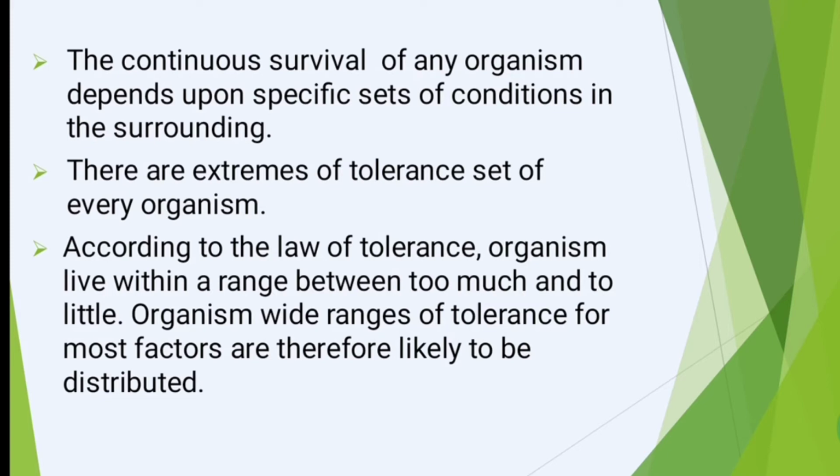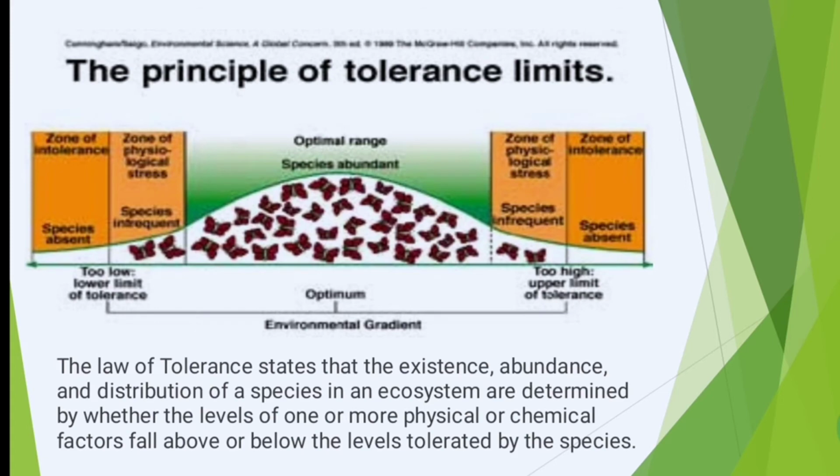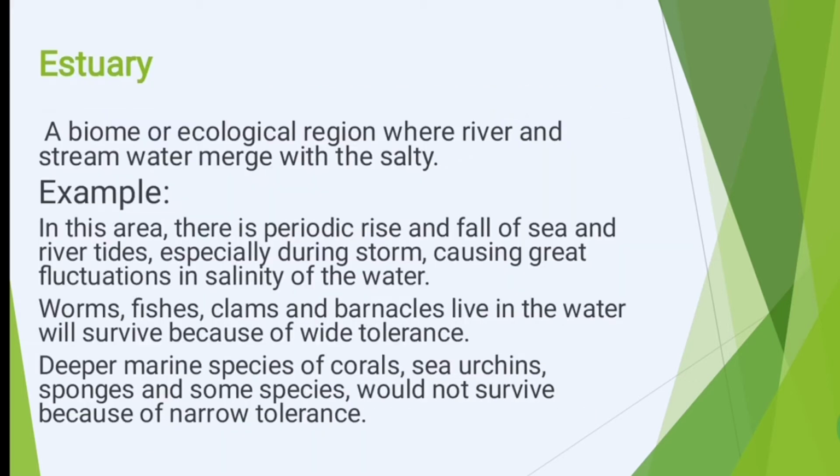Organism-wide ranges of tolerance for most factors are therefore likely to be distributed. The law of tolerance states that the existence, abundance, and distribution of species in an ecosystem are determined by whether the level of one or more physical or chemical factors falls above or below the levels tolerated by the species.